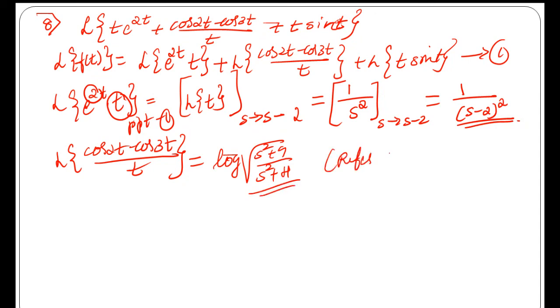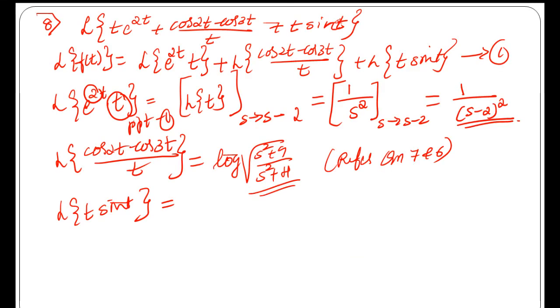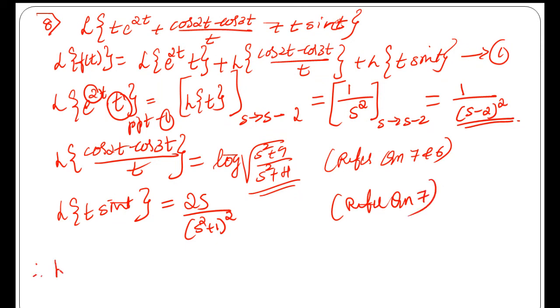So refer to questions number 7 and 6. And the Laplace transform of the third term, t sin t, you will get as 2s divided by (s square plus 1) the whole square. Refer to question number 7, the previous question.